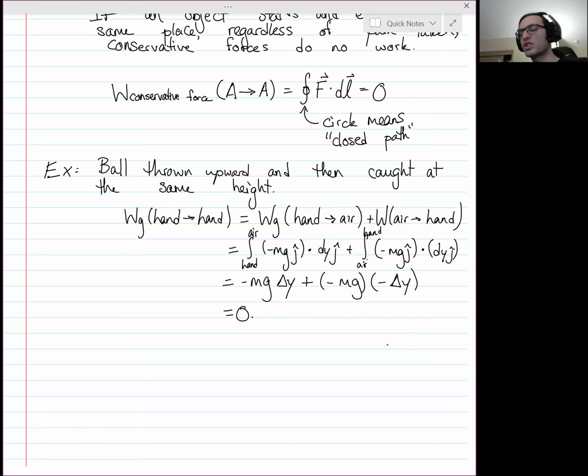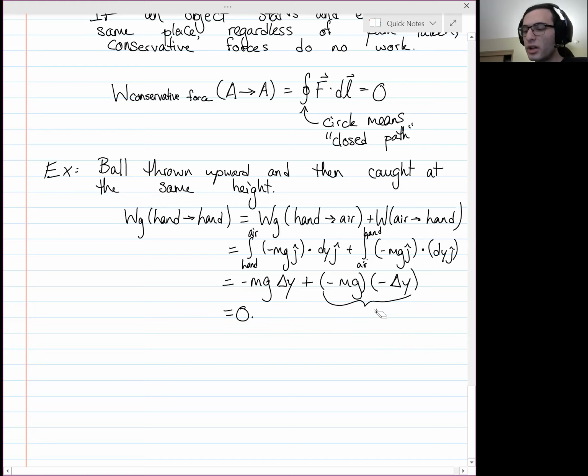The whole point, though, is that when throwing the ball up, delta y is positive because it ends at a higher height. When throwing the ball up, gravity is doing negative work because we have a minus sign here. And then when the ball comes down, gravity is doing positive work.